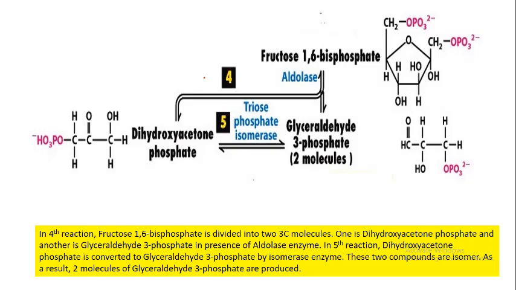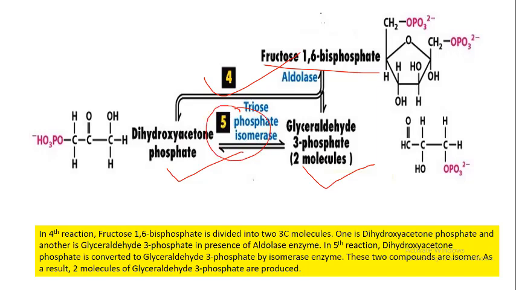In the fourth reaction, fructose 1,6-bisphosphate is divided into two 3-carbon molecules. One is dihydroxyacetone phosphate and another is glyceraldehyde 3-phosphate.